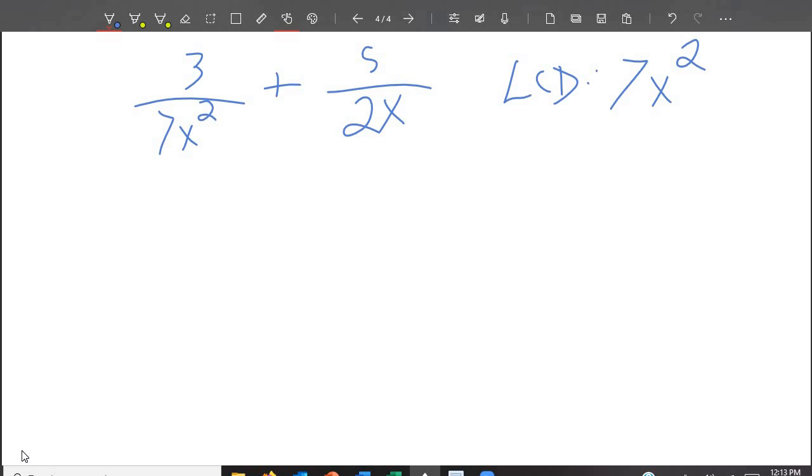For the second denominator, we have to find out what they're not sharing. Well, this denominator has a 2. They're not sharing a 2, so I include the 2. But this bottom also has an x, but we're already sharing the x's. So my common denominator is 14x squared.